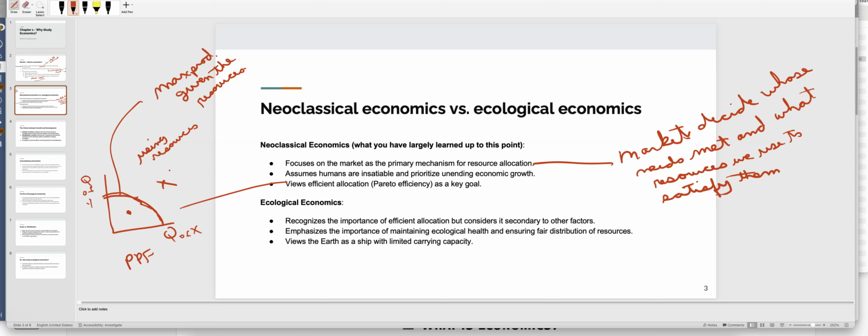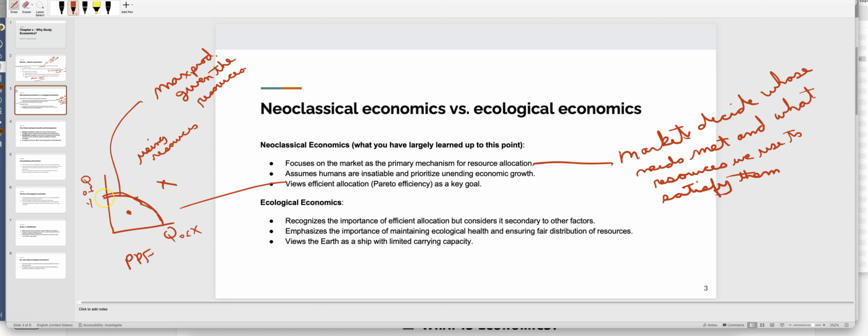We try to get as close to that frontier as possible. And then we figure out, if an economy is below the frontier, what can we do to get closer to the frontier?